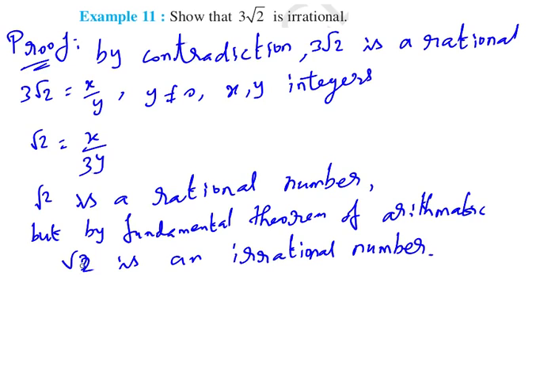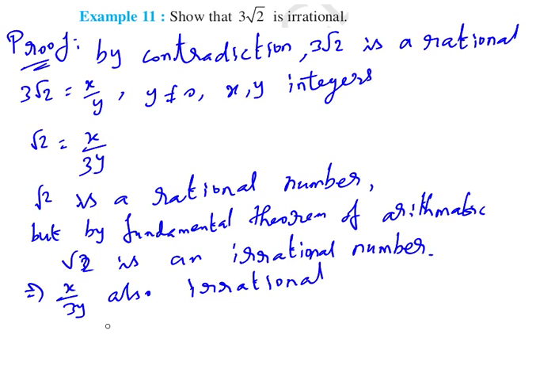So if root 2 is an irrational number, what is equal to root 2? x by 3y is also irrational.